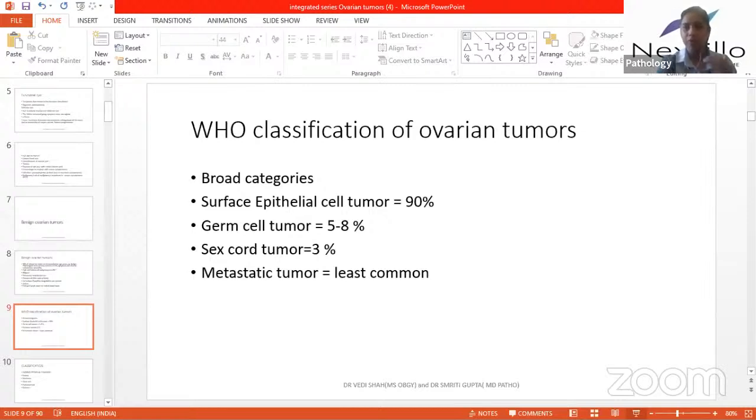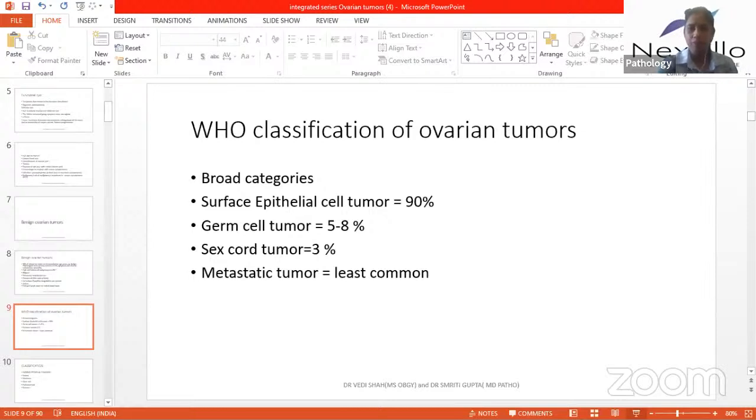And when you go upwards towards the surface, there is flattening of these cells, the transitional kind of epithelium.